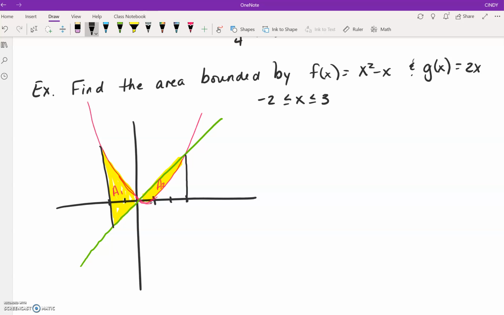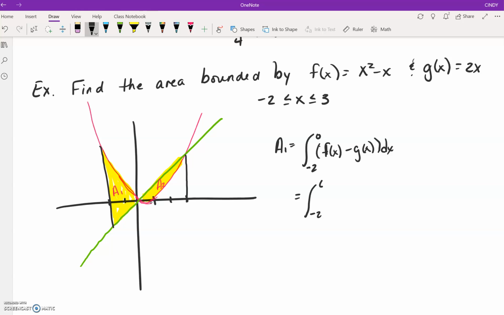So let's first calculate area 1. That one is the integral between -2 and 0, and I need to take the integral of f of x minus g of x dx, and that is, well, let's go ahead and put those in.